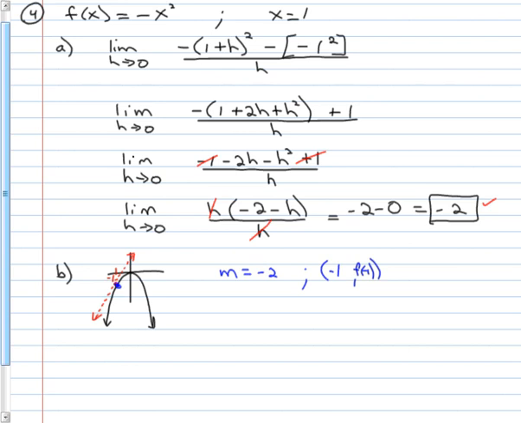We're going to substitute the x value into the equation. Negative 1 squared. What does that equal? It's 1. Squaring the 1 makes it positive, and there's a negative in front of it. Oh, I did the wrong thing. X equals 1 line.